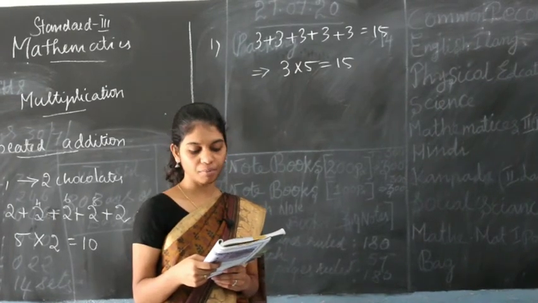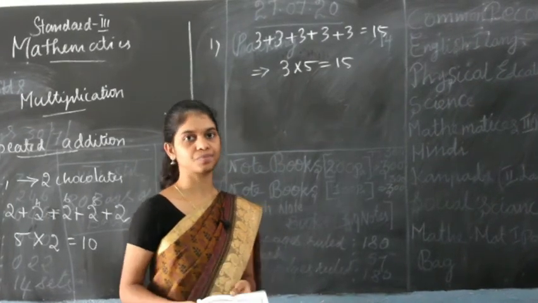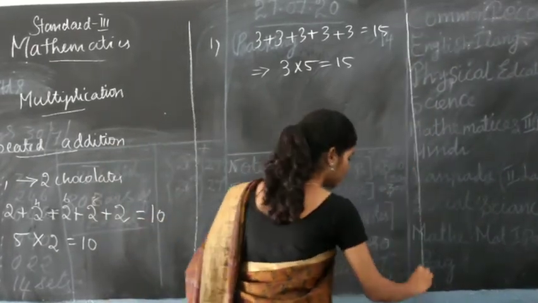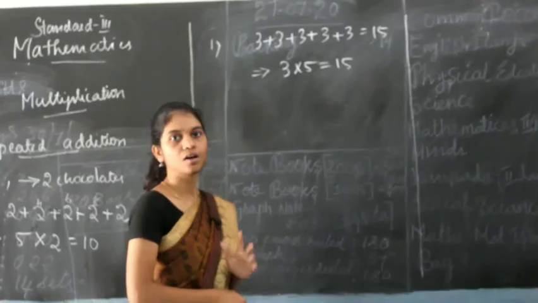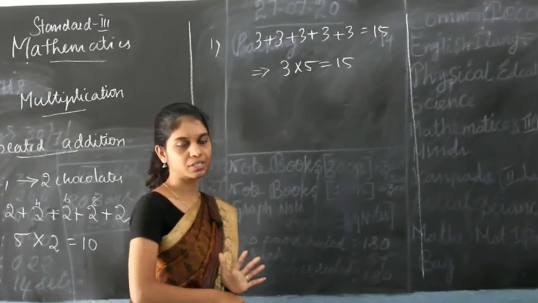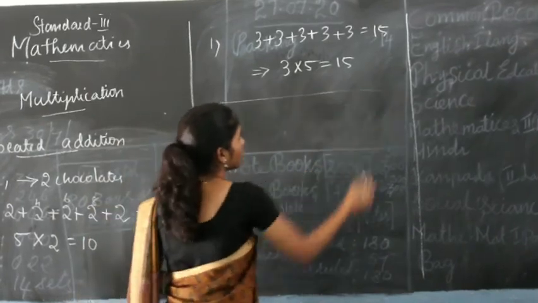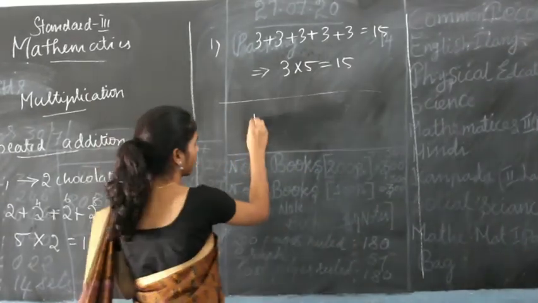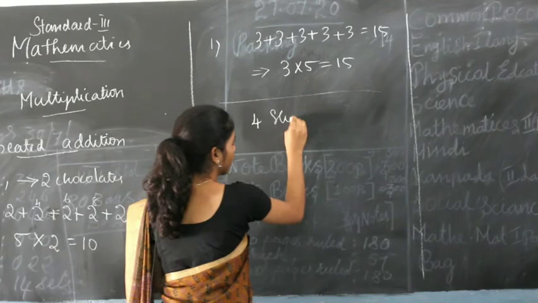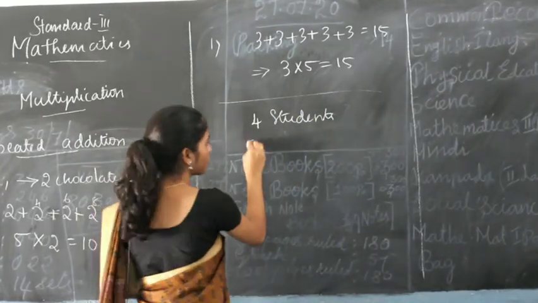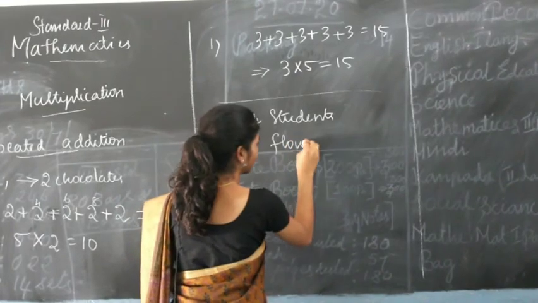What is the total number of flowers held in their hands? So 4 students held flowers in their hands, and they made 5 flowers, right?